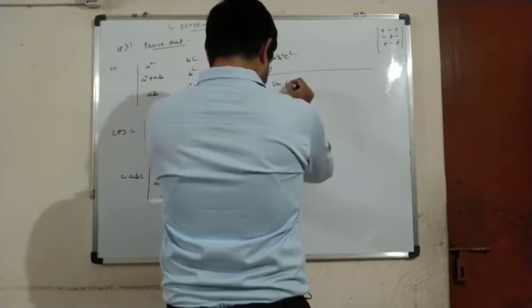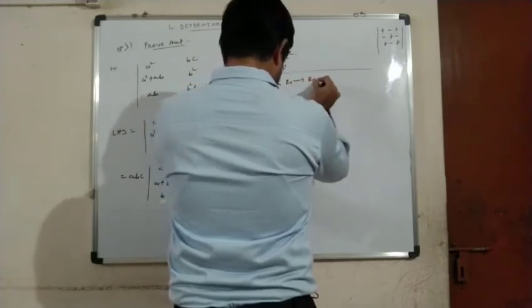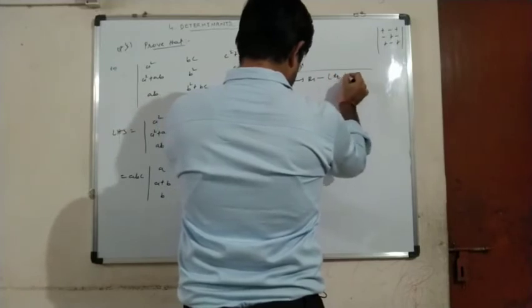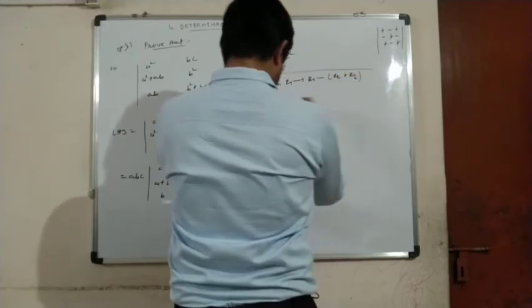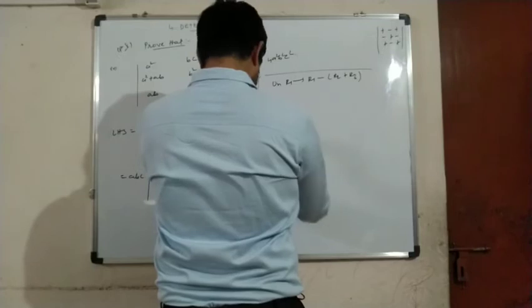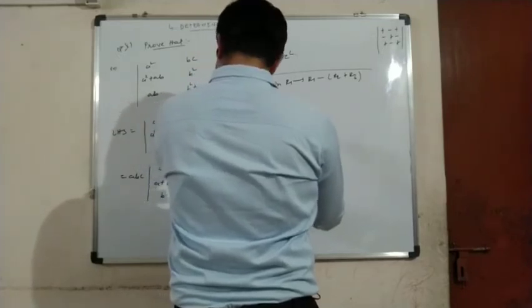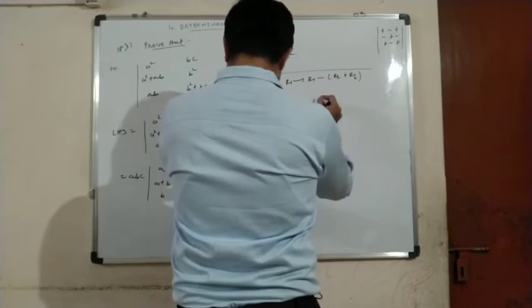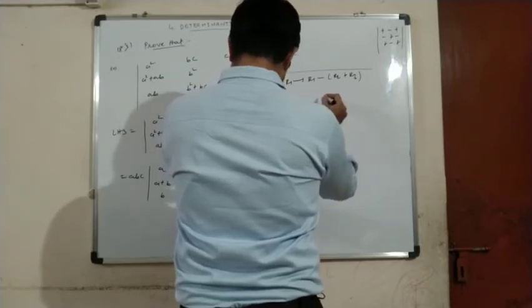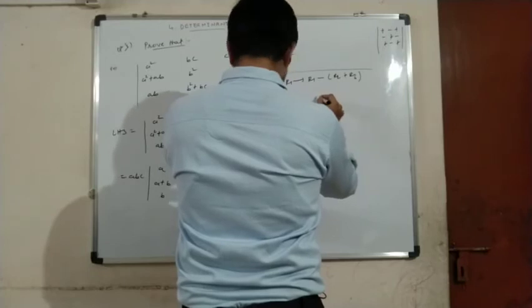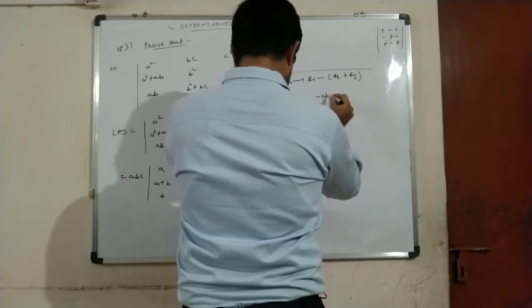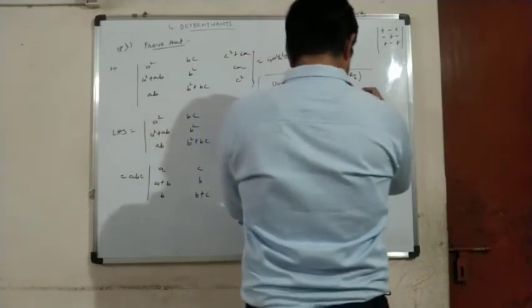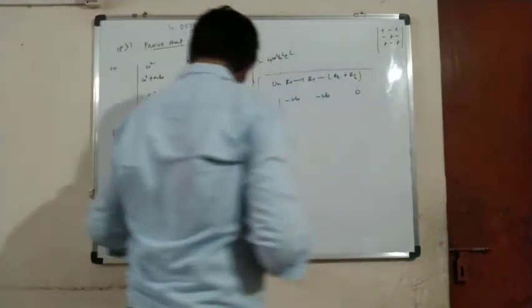On R1 minus R2 plus R3 we will do. So we get, okay, A plus B, minus 2B, minus 2B and over here 0.